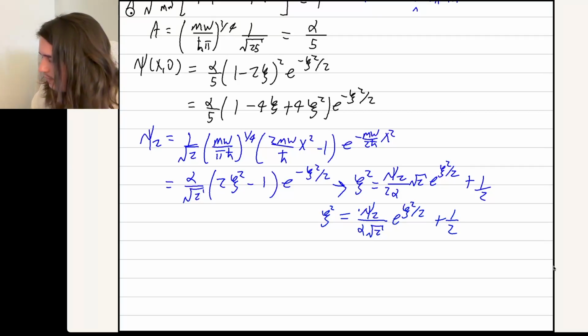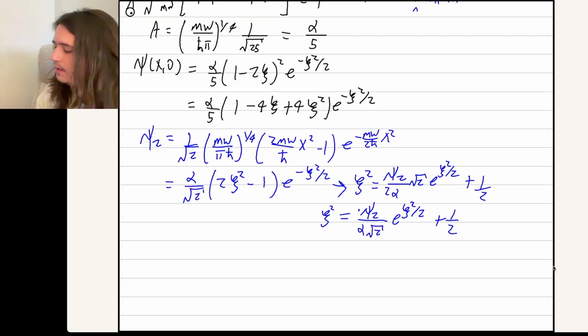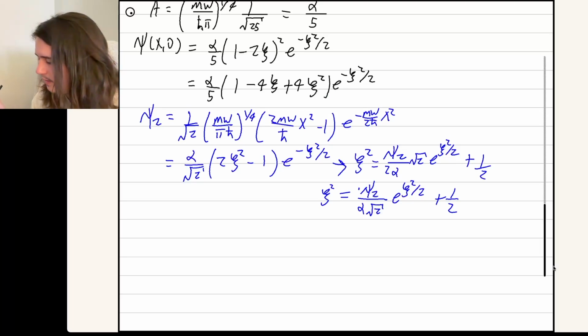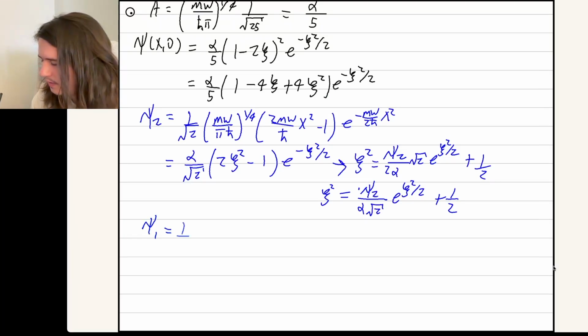Then we can get an expression for c to the power of 1 from the psi 1 stationary state. So Griffiths did this one actually.